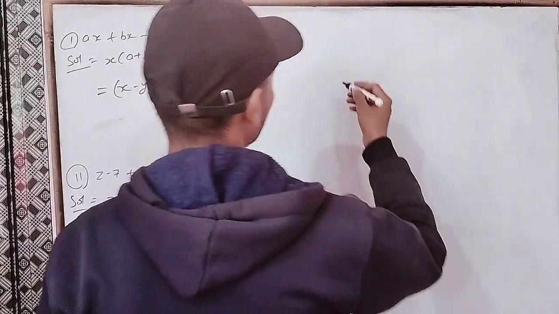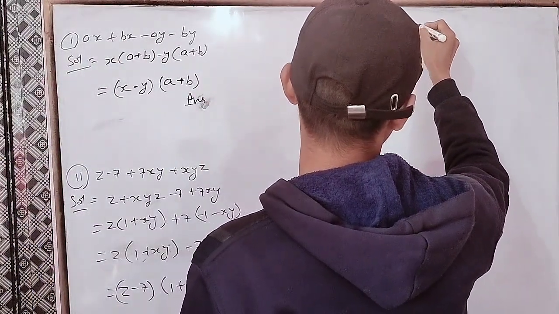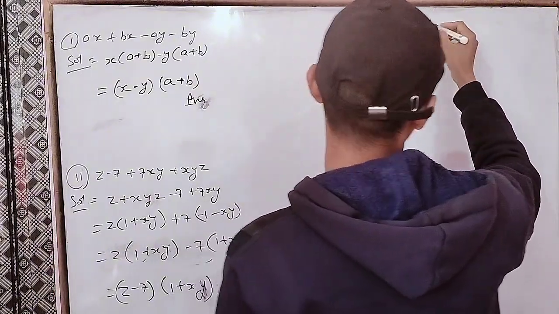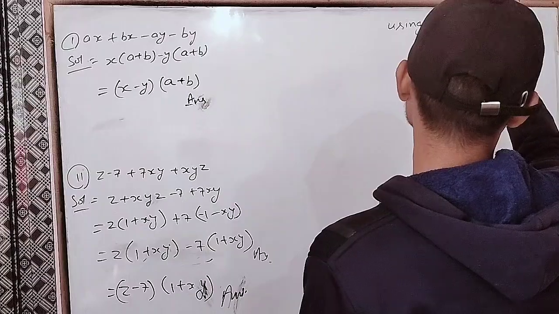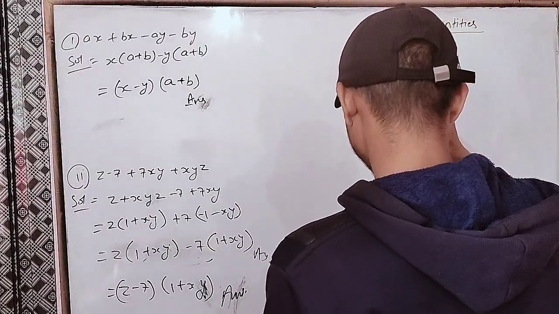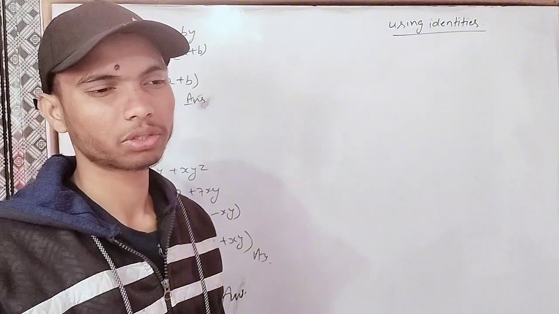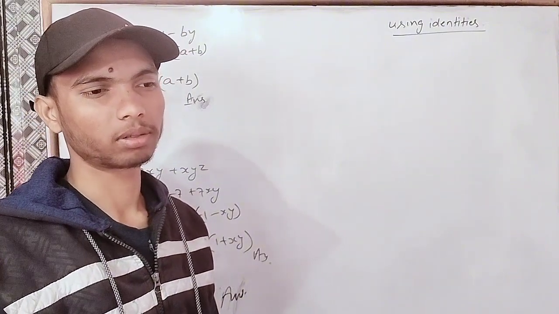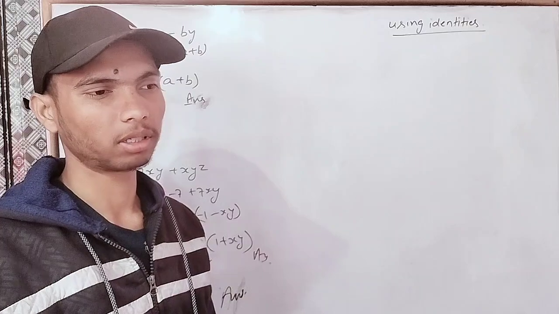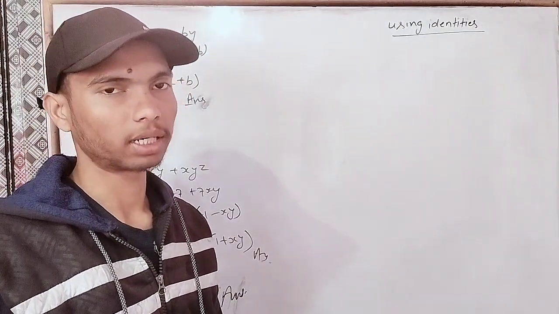Now we have identities. Using identities. We have done questions by using the common method and the regrouping method. Now we are going to use the identities method.